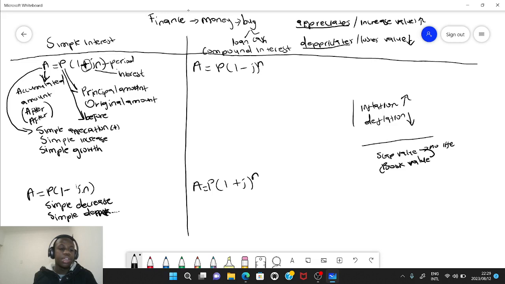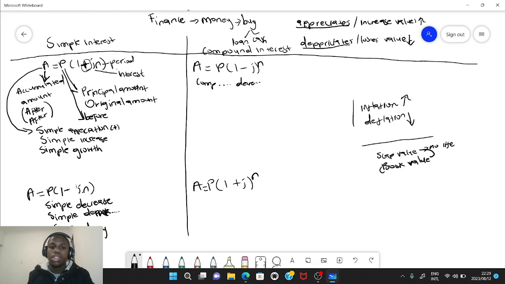Now the same thing will apply to compound interest. On the right hand side, my A, P, I and N remain the same. What happens is that instead of writing simple, I'll have compound. Because if you have a negative sign, it will be a compound decrease.